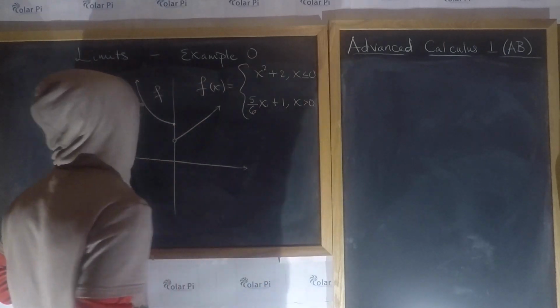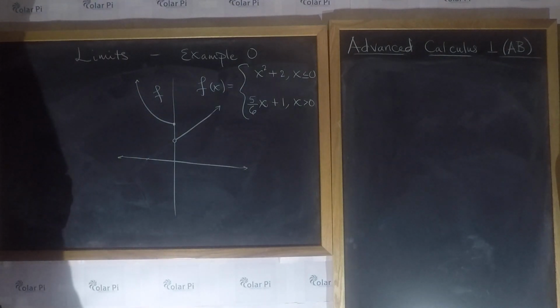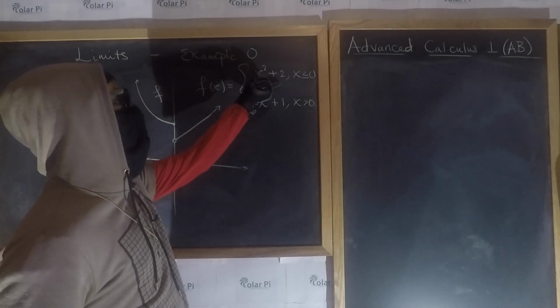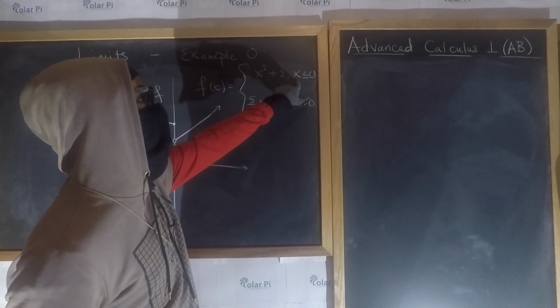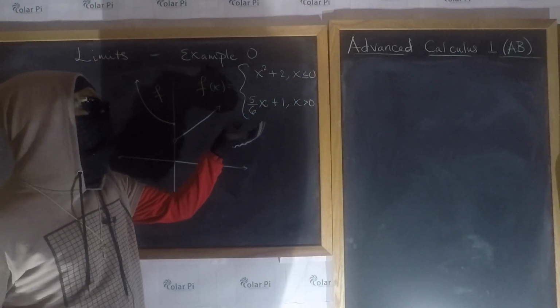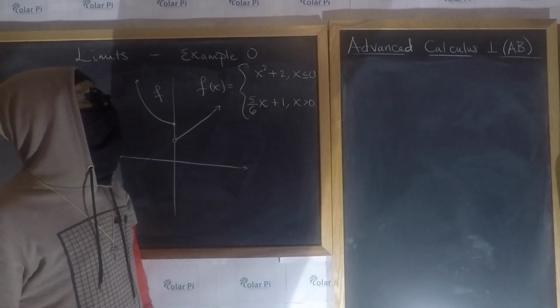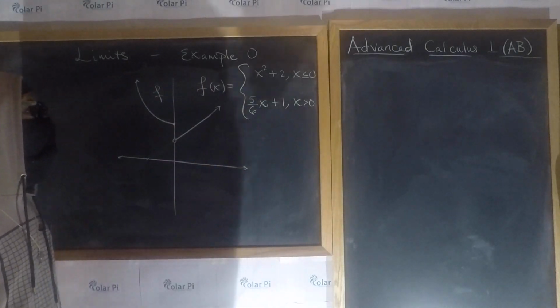Okay, now because we said that quadratics have limits everywhere, this quadratic has limits everywhere it's defined, and so in this case it has limits everywhere where x is less or equal to 0. And we also said that lines have limits everywhere, so this line has limits everywhere when x is greater than 0.